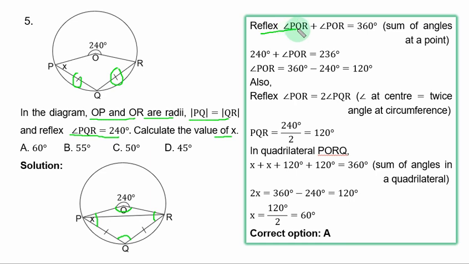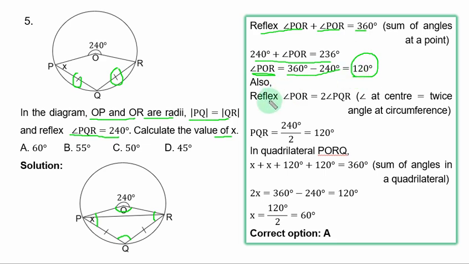Reflex angle POR plus obtuse angle POR is equal to 360 degrees. Sum of angles at a point. You have this expression. If you make the obtuse angle the subject, you have this. When you subtract, you have 120 degrees.